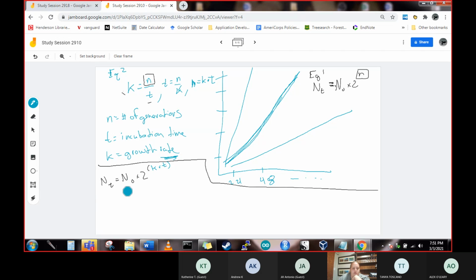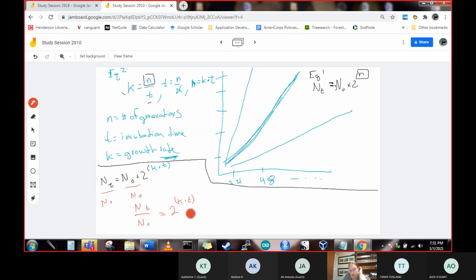And then in order to solve this, we would divide both sides by N0 to isolate your k and your t. So this would be Nt over N0 is equal to 2 to the k times t.